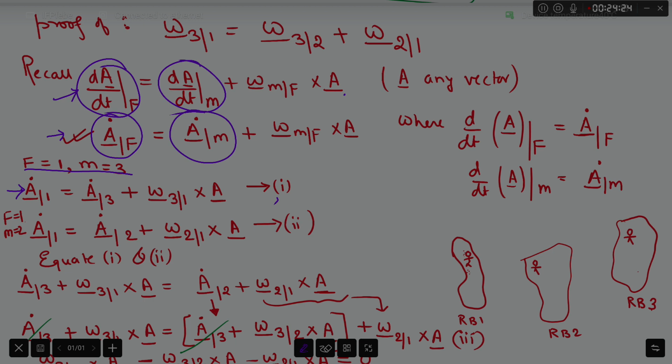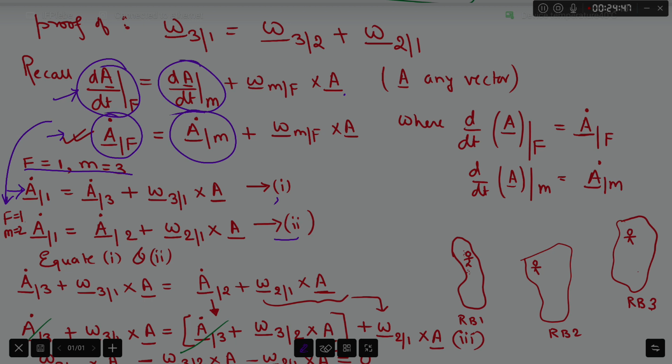Then I go back to this equation and I put f equals 1 and m equals 2. I am allowed to do that. I am allowed to choose m to be any intermediate reference frame. That gives me another expression for A dot with respect to 1 and that expression is written as equation number 2.